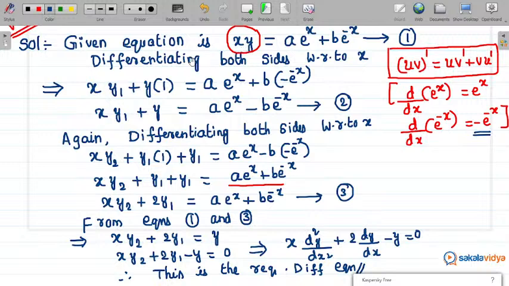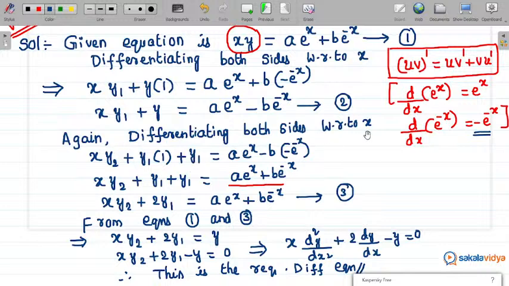So x into y derivative is y1 plus y into x derivative 1 equal to a into e power x derivative is e power x plus b into e power minus x differentiation is minus e power minus x. Here xy1 plus y equals a e power x minus b e power minus x, say equation 2.